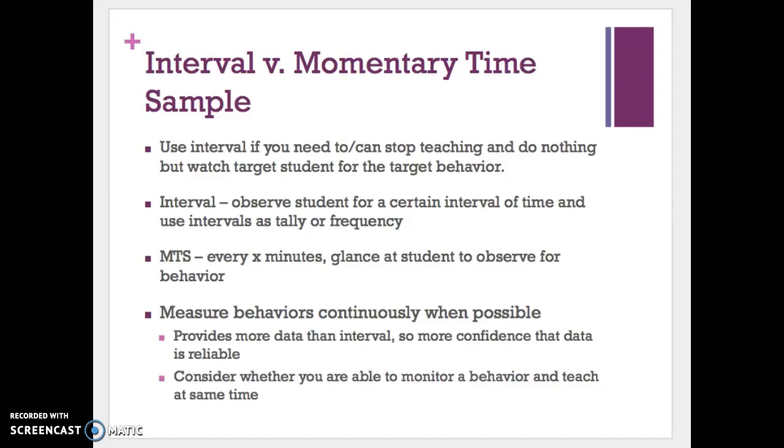So you measure behaviors continuously whenever it's possible, but it provides more data than interval, so there's more confidence that the data is reliable. But consider whether you're able to monitor a behavior and teach at the same time. So you have to gauge what kind of interval or momentary time sampling you can use and what's feasible for you within the classroom and adapt it.